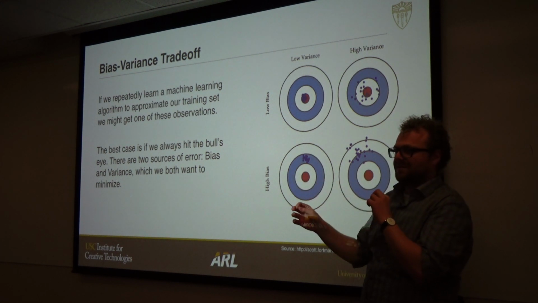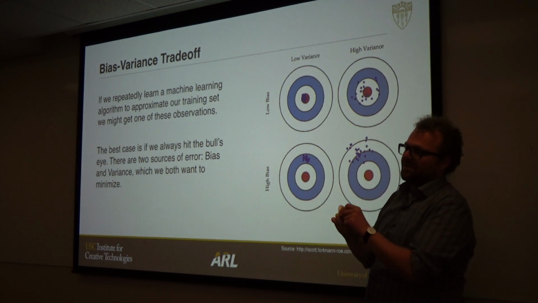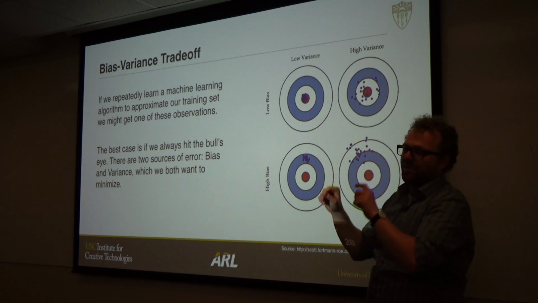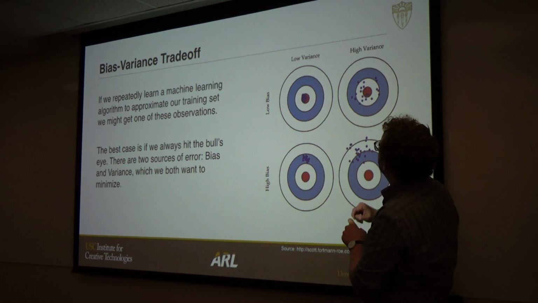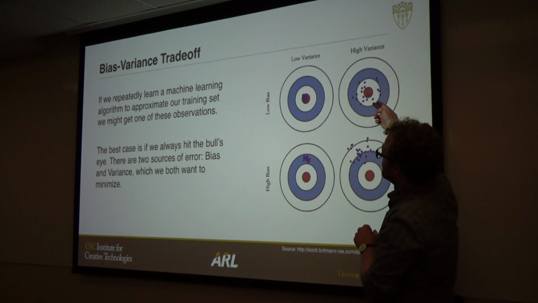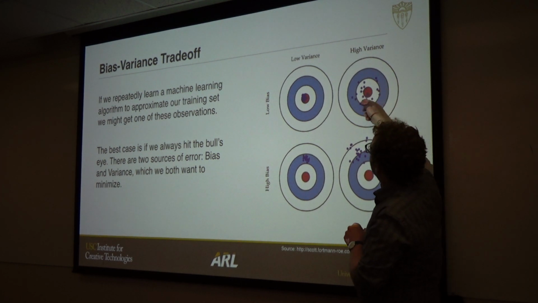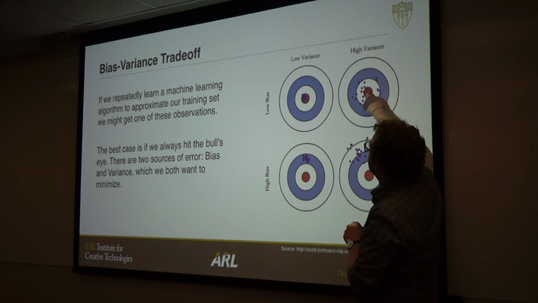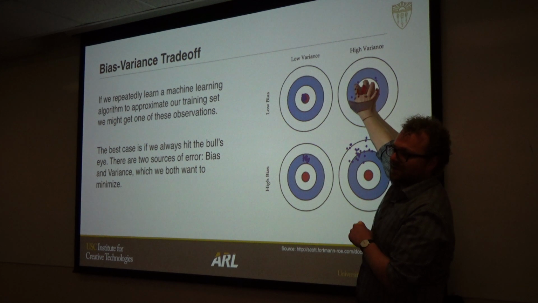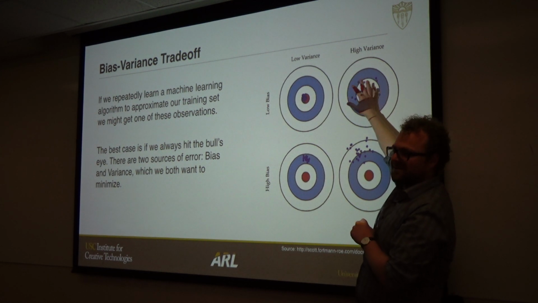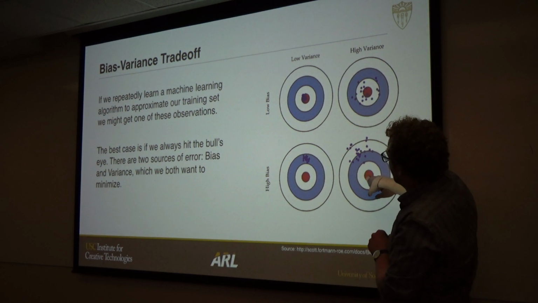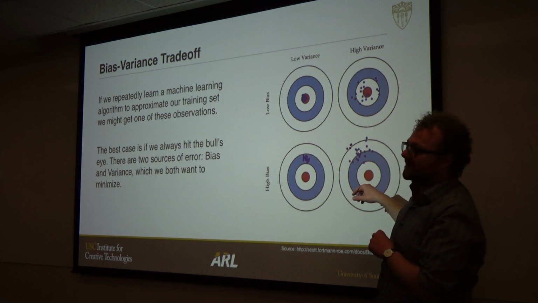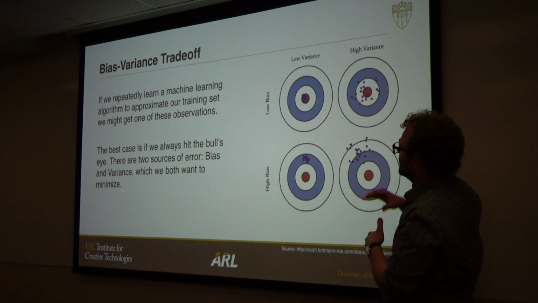If I conduct my machine learning experiment a number of times and I end up at different spots all the time, I could have a high variance problem with a low bias, where I live somewhere close by the ideal target, I'm not biased, but there is some variance in there, versus a case where I have a lot of variance and a bias, right? So this is the issue.